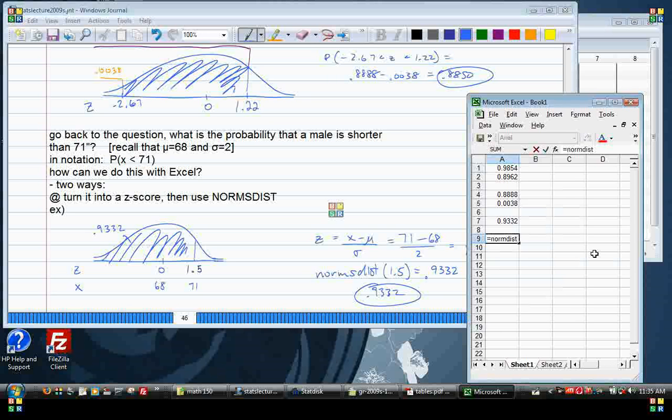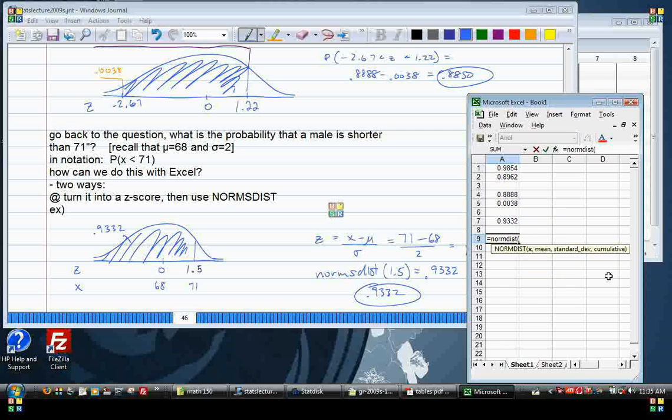But normal distribution just means it could be anything with a normal distribution. So NORM.DIST, parenthesis, what do we need to type in? X. What does X stand for? Data value.